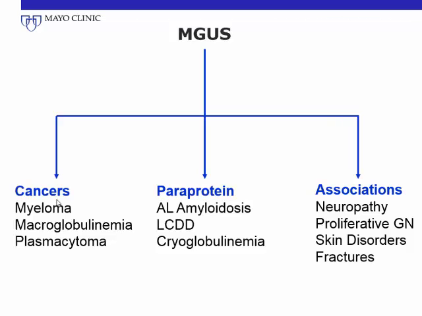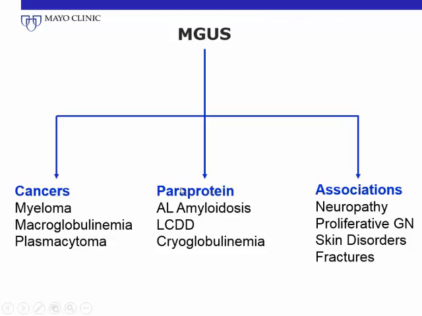They are secreting protein, and the protein is not like PSA, a benign innocuous protein. The protein is actually an antibody, and the antibody can cause problems. So the paraprotein that is secreted by clonal plasma cells, they're non-malignant, but yet can be dangerous.